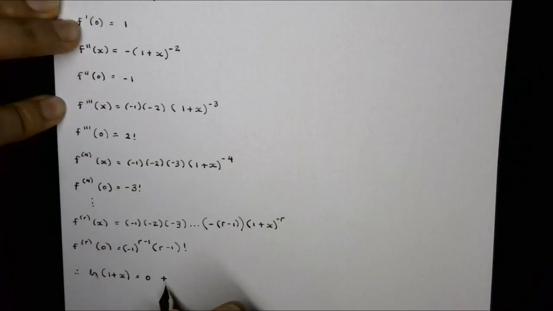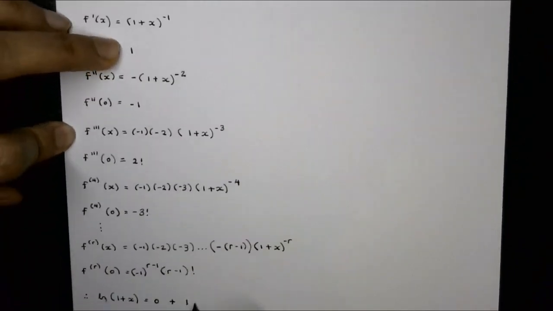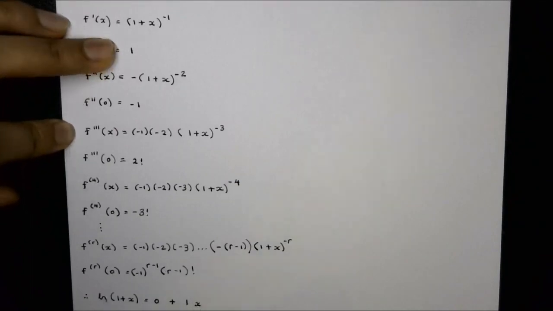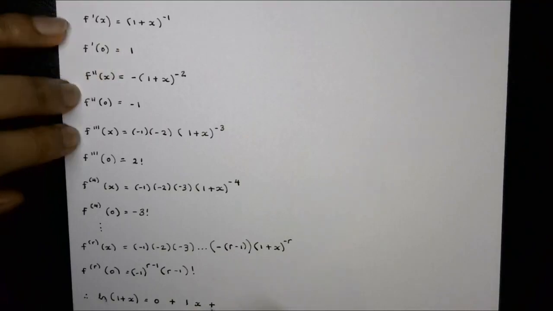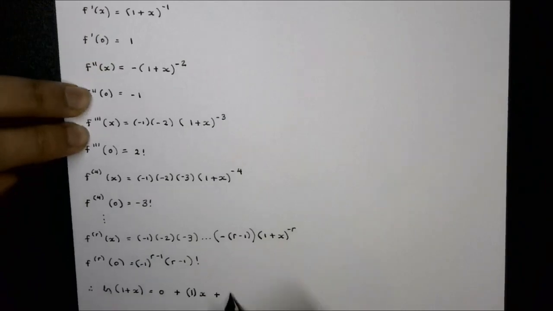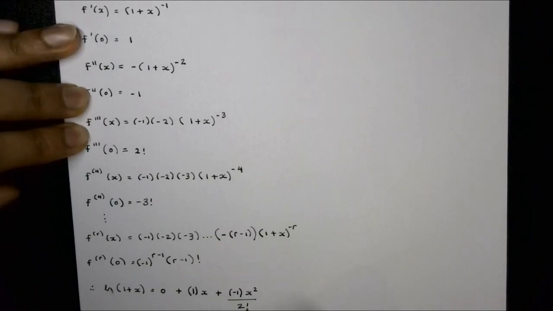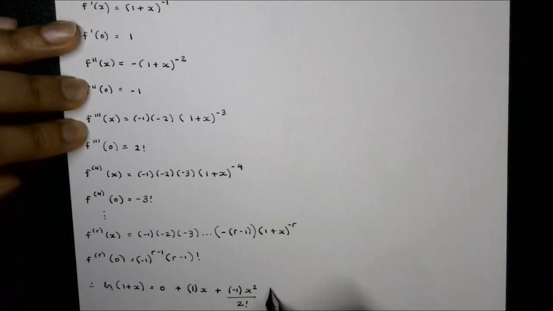And then we've got f dash of 0, which is 1. And then we times this by x. The next term, we've got f double dash of 0, which is minus 1. So perhaps if we put all these in brackets, we've got the minus 1 times by x squared divided by 2 factorial.